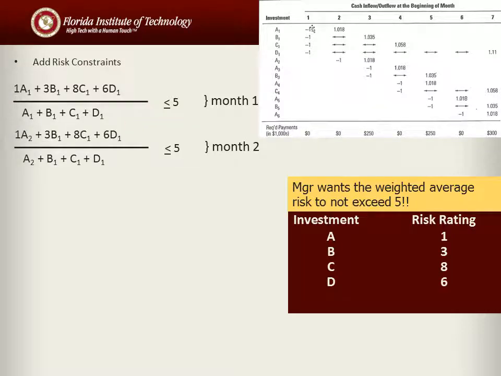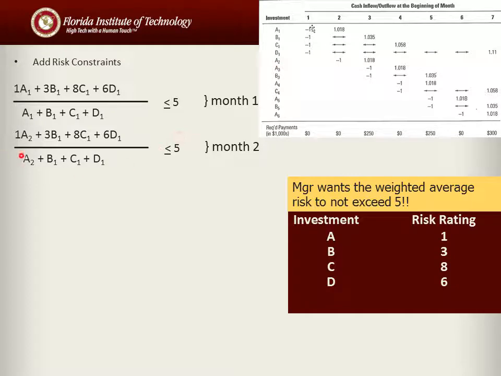Okay, so let's look at month number 2. In month number 2, we have an opportunity to invest here in A2. If we invested in B1, C1, or D1, we still have a risk associated with those investments. In the beginning of month number 2, there's no risk associated with investments in A1. Okay, so that's why our total risk level, if you will, is going to be associated with B1, C1, D1, and A2.